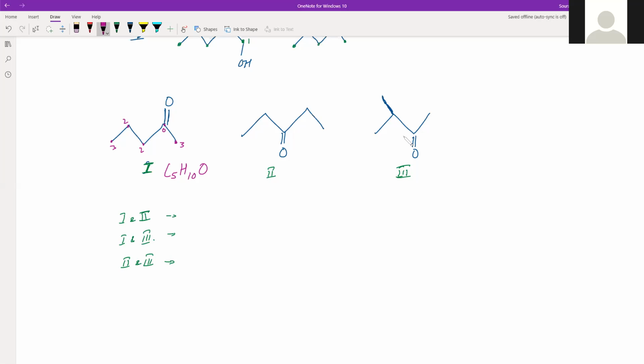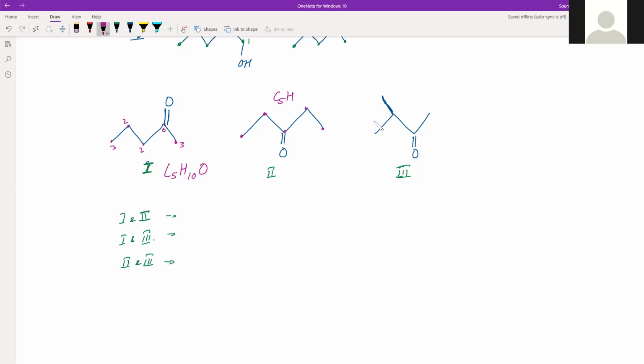So you will have to satisfy yourself that all these formulas are the same, and only then will they be isomers. Otherwise, if the formula itself is different, then they may not be isomers. So again, this compound: 1, 2, 3, 4, and 5, total 5, so this is C5.